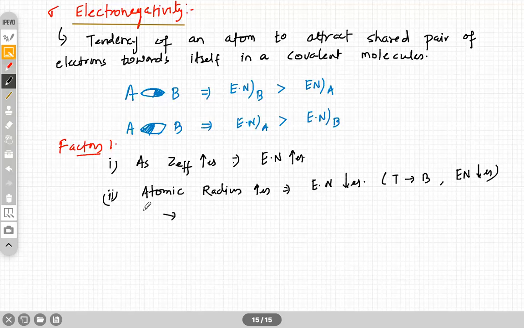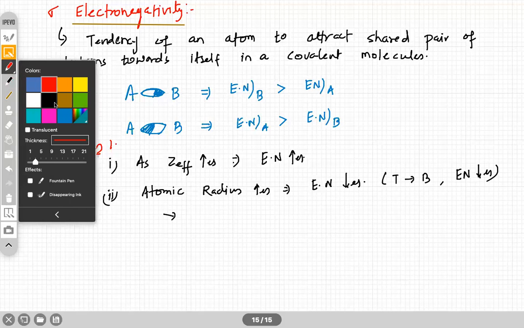If you go left to right in a periodic table, electronegativity increases.